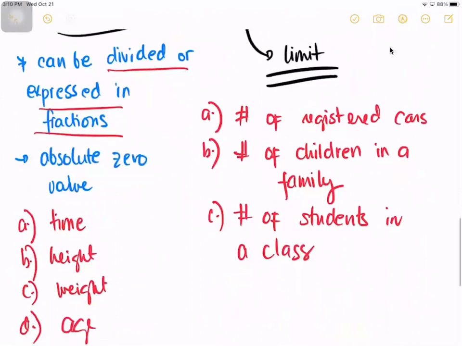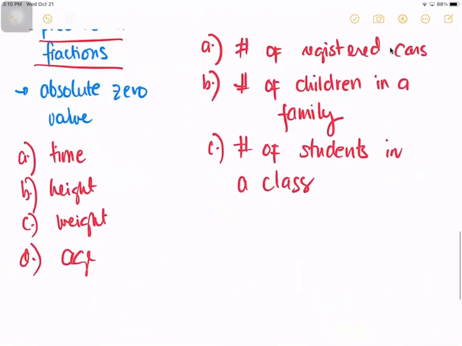Examples are your time, height, weight, and age, and all other numerical variables without a particular range or limit. All right.